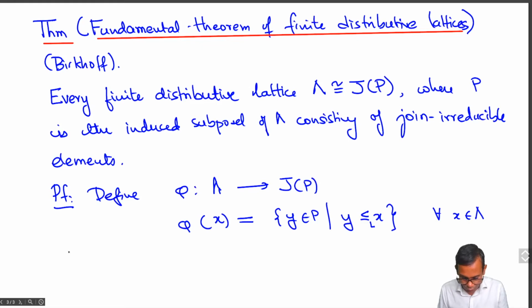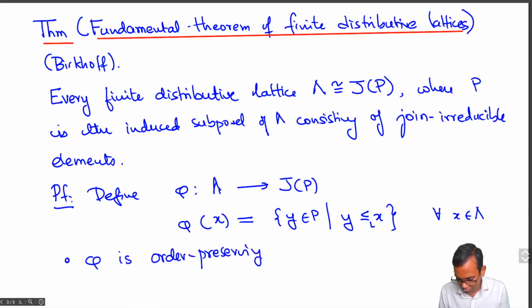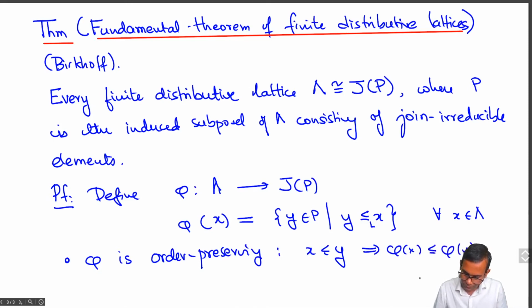And it's also order preserving, which means that of course if x is less than or equal to y, then phi of x is less than or equal to phi of y, because if any element is less than or equal to x, it's also less than or equal to y, because x is less than or equal to y. So this is obvious. The next point is that phi is injective.